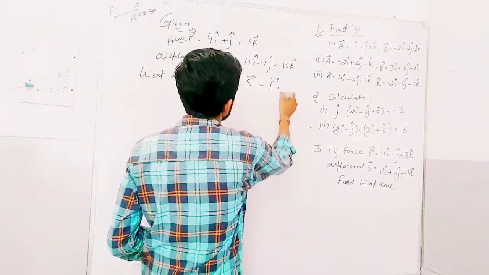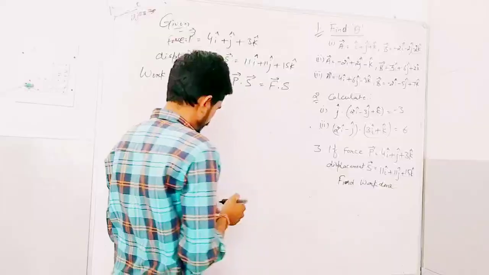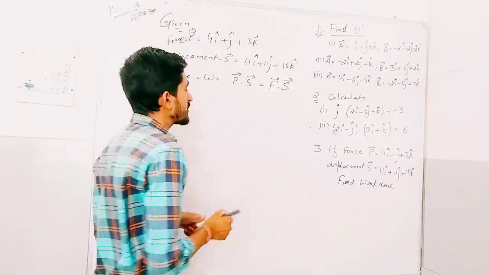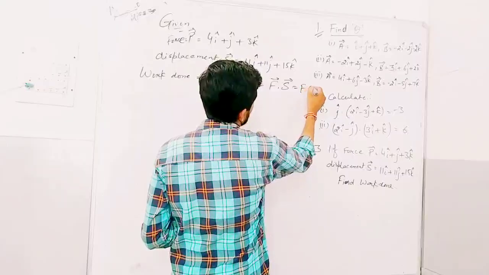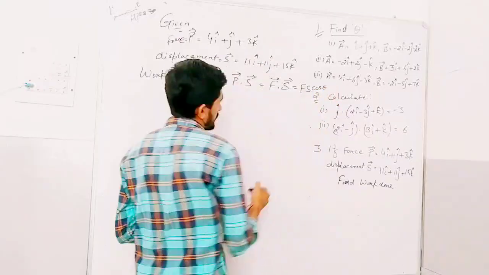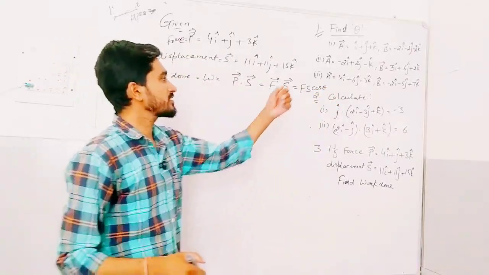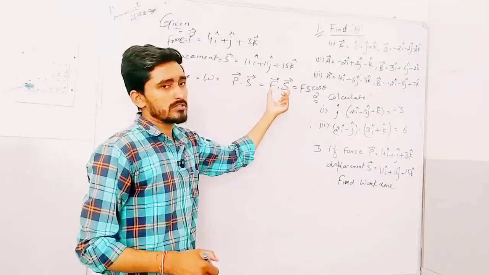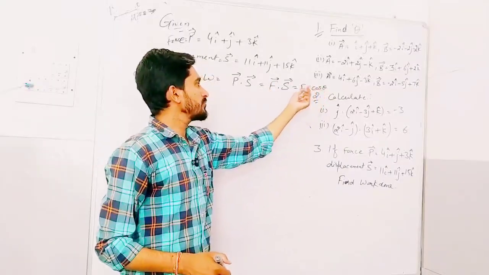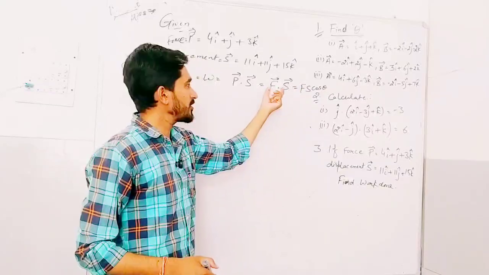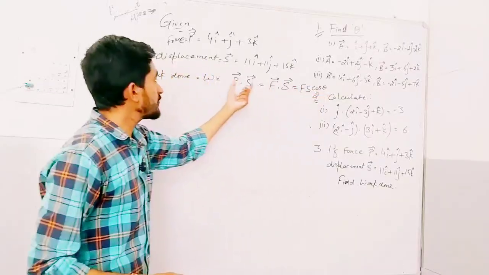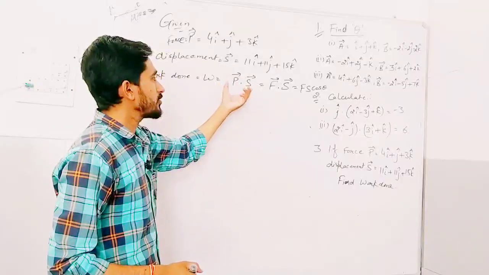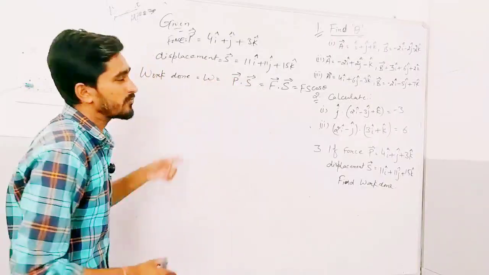For example, force is F and displacement is S. You can write it as F S cos theta. This is also work done. Have you studied this? Force into displacement cos theta, or F dot S. In place of cos, we use the dot product. Dot product gives cos theta. Here force is P and displacement is S, and we have to do the dot product so that we get the work done.